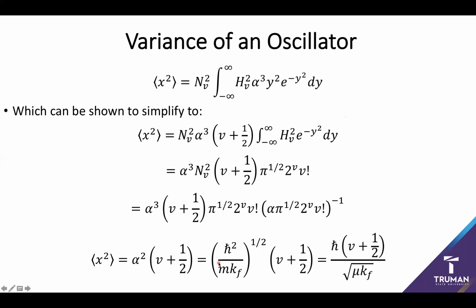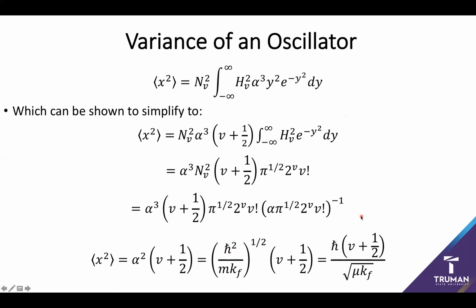And then what I can do is try and simplify things out a little bit more. I've got the square root of h bar squared. All right, that's not too bad. And then I've got my mass, which again, we're usually referencing as reduced mass, times the force constant, showing up as a square root in the denominator. So this is actually a nice, simpler description of my variance.